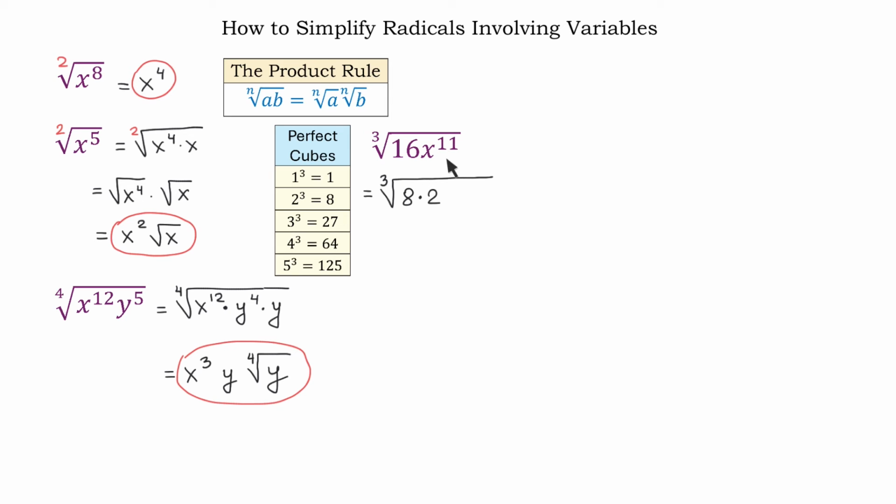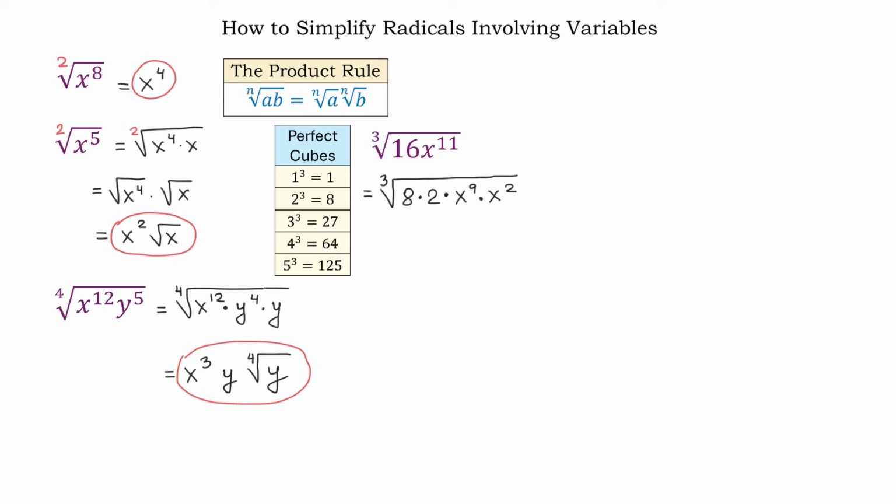And now, if we look at x, 11 is not divisible by 3. But what is the largest number that is less than 11 and divisible by 3? That will be 9. So then, we will write x to the 11th power as a product of x to the 9th power times x squared.